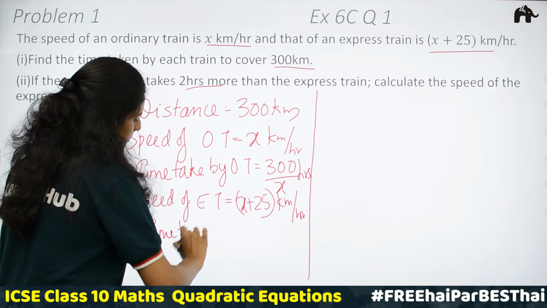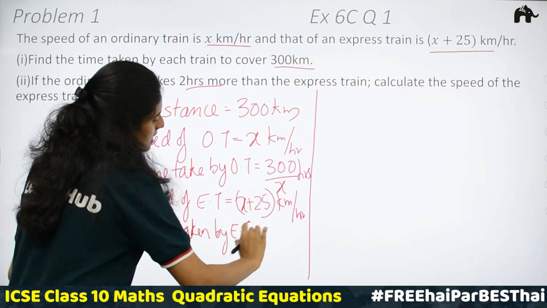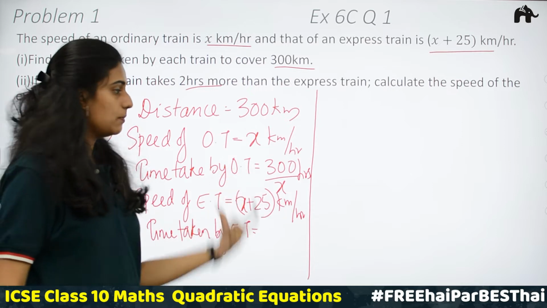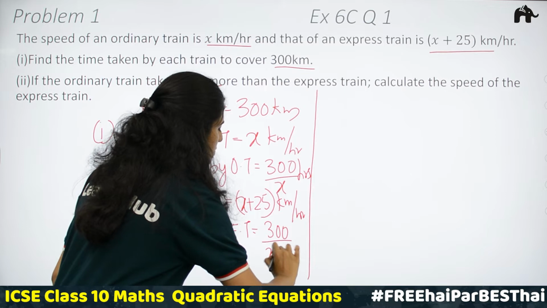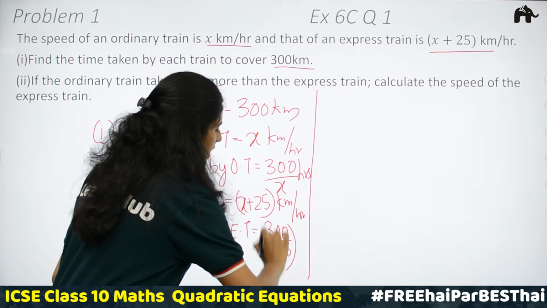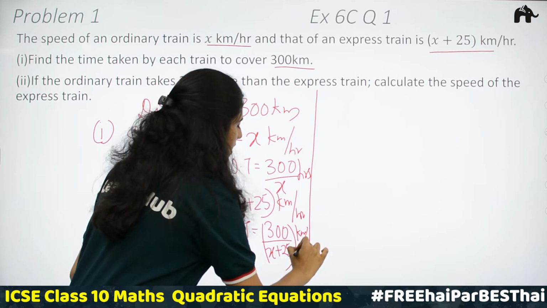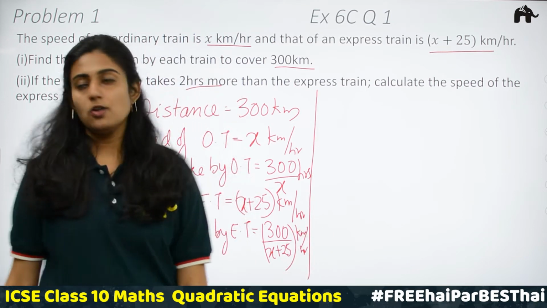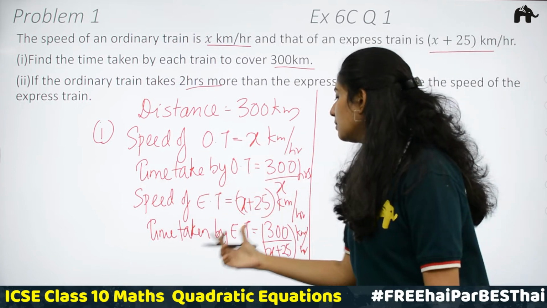Time taken by express train is equal to distance divided by speed. Here the distance is 300 and the speed is x plus 25. 300 divided by x plus 25 hours. Now, we have got the time taken by ordinary train and the time taken by express train.